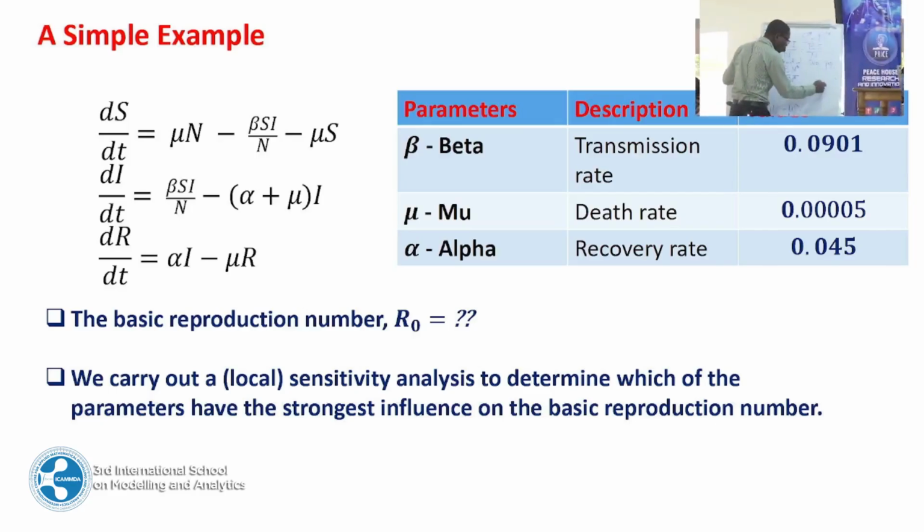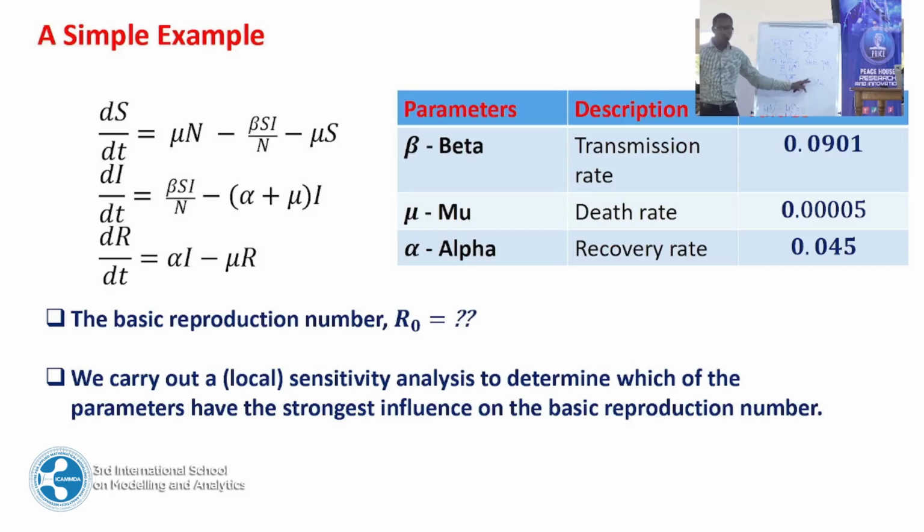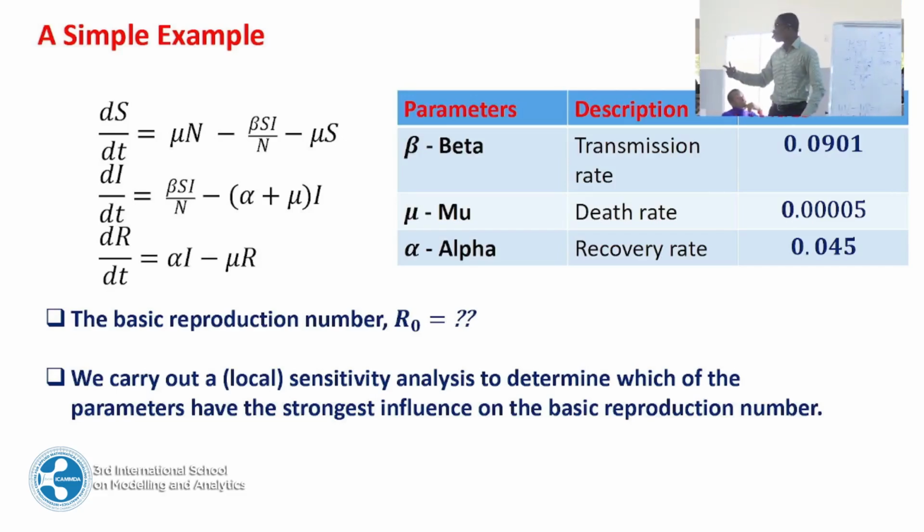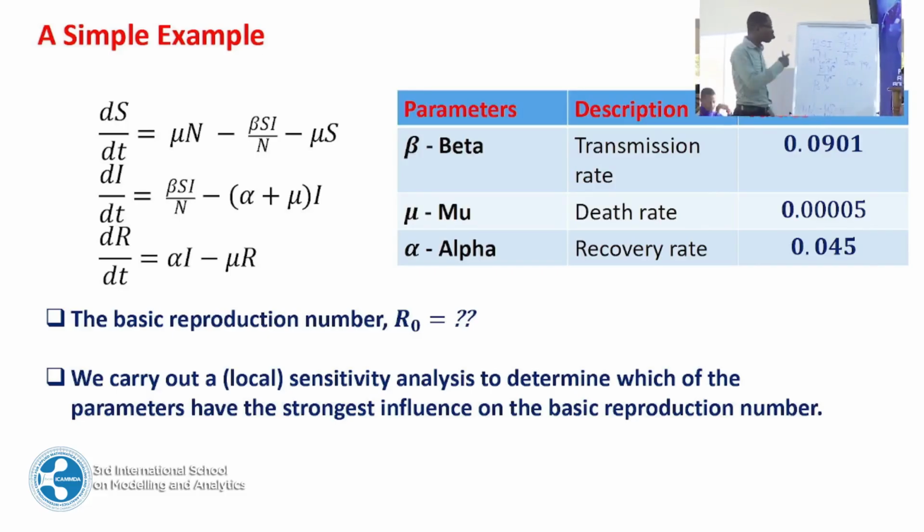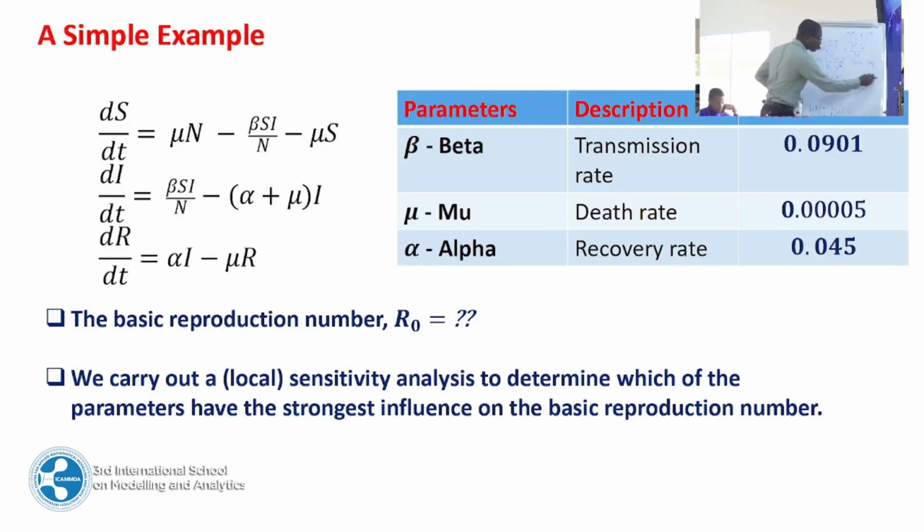Alpha is via recovery. When people recover, they leave the infectious class. How else can they leave? By natural death. So the rate at which infected individuals leave the infectious class is alpha plus mu.